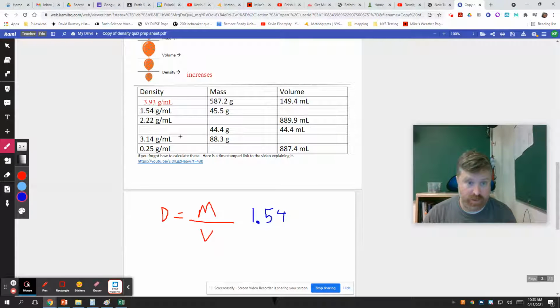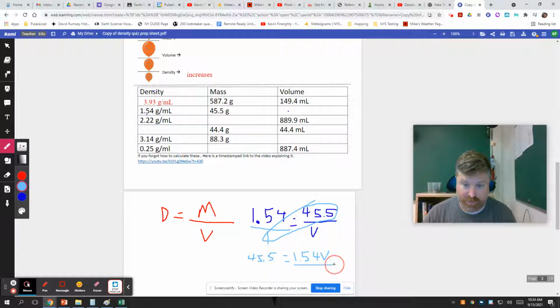So 1.54, that's my density, equals a mass of 45.5 over a volume I don't know, so V, or X, whatever you want to put there. You can always put a number over 1 and then cross multiply. So 45.5 times 1, which is 45.5, equals 1.54 V. If you're in algebra class, I'm sure you've done many of these.